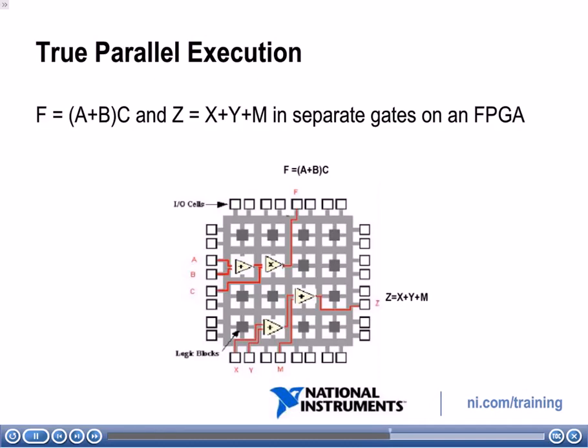You can have 10 things going on in parallel. Whereas before, if you're working on a computer with an OS, there's only a certain amount of parallelism you can get. You can only get as many parallel things going on as you have CPUs. So one big advantage of FPGAs is that you have these things implemented in hardware, and they are executing truly parallel to each other.